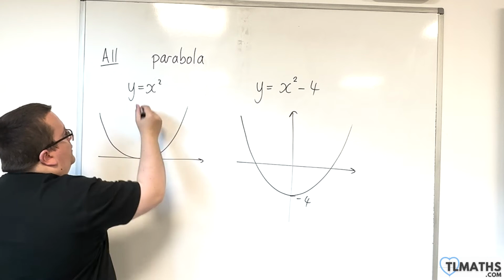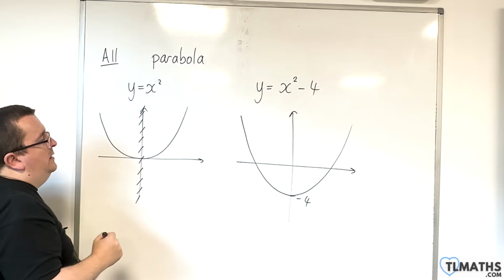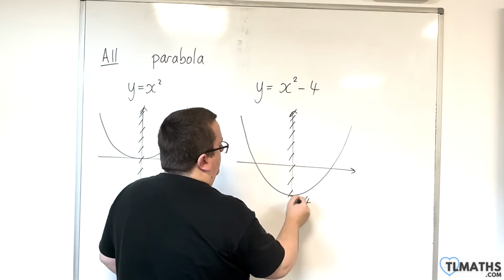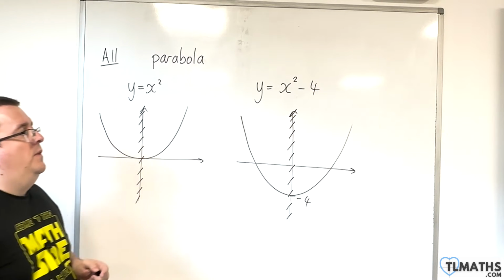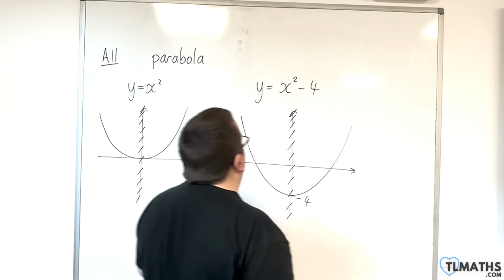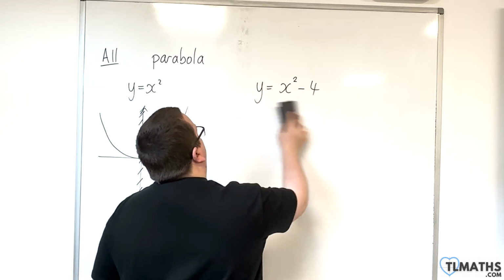So the y-axis here acts as a mirror, and it does here as well. But if I pick up and move the curve somewhere else, the y-axis may no longer be the mirror line.